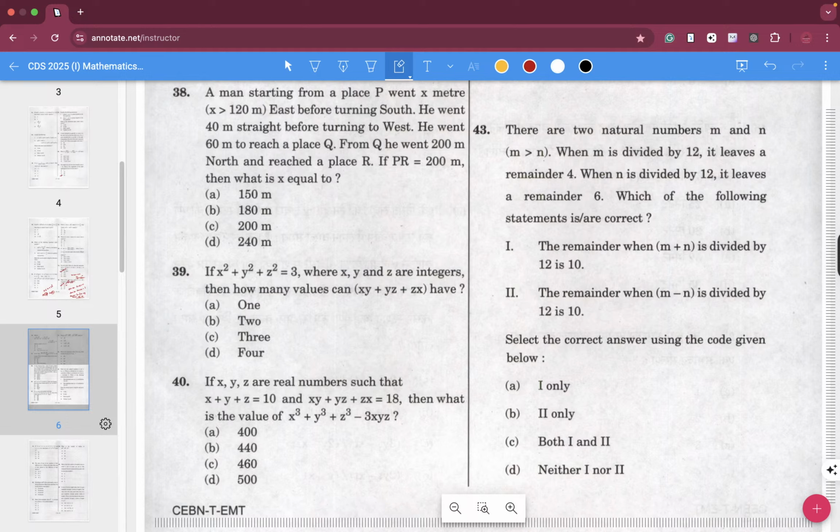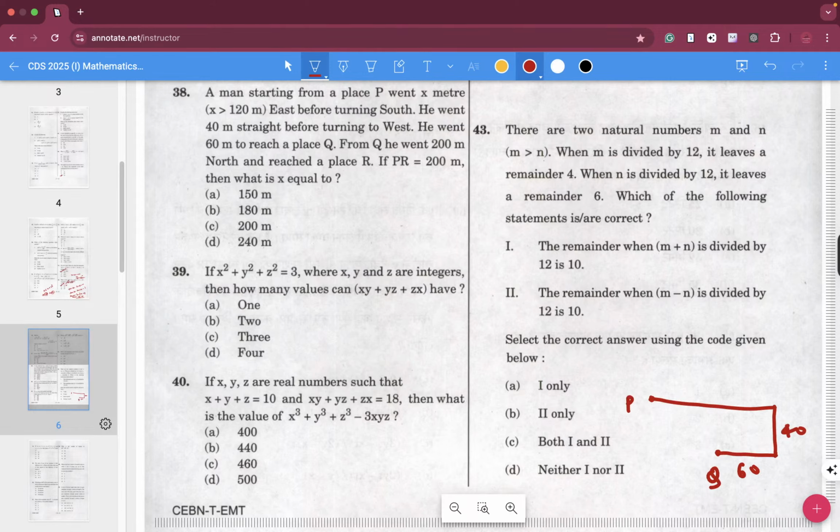A man starts from a point P and goes 120 meters east. Before turning south, he went 40 meters straight, then turned to his west and traveled 60 meters west to reach a point Q.